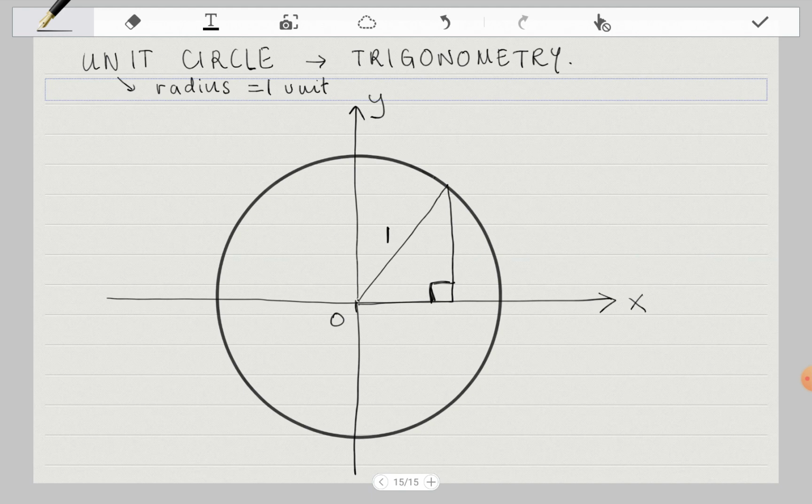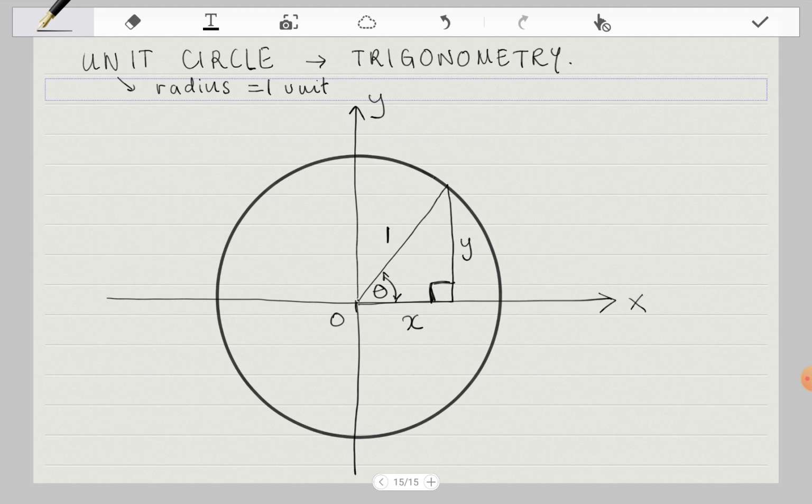We can call this y, and we can call this x, and this is going to be the angle in question right here. So what we've actually done is put this right angle triangle on a Cartesian plane. So we've introduced this Cartesian plane, and now we can put little triangles in all of the different quadrants.